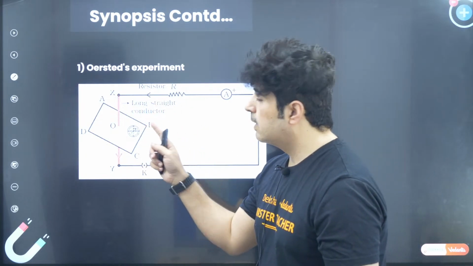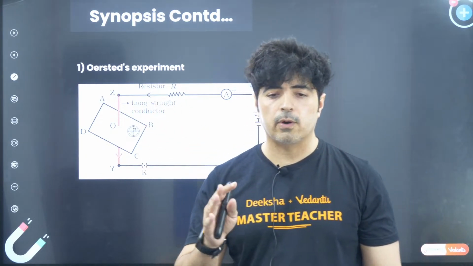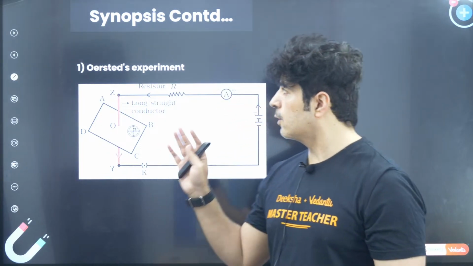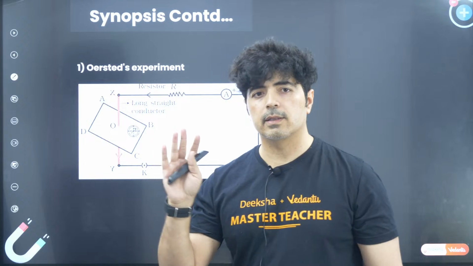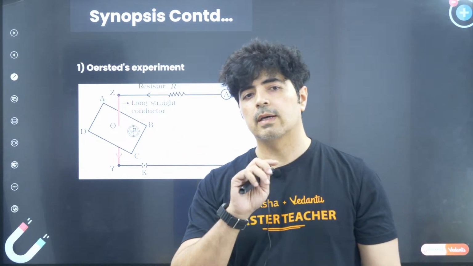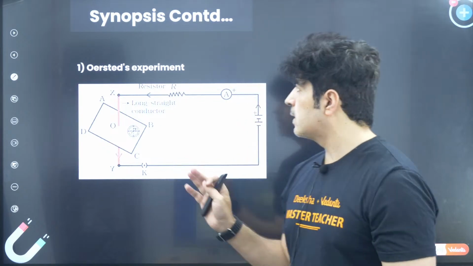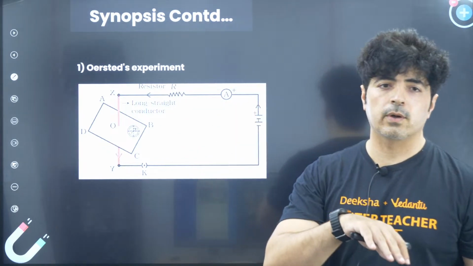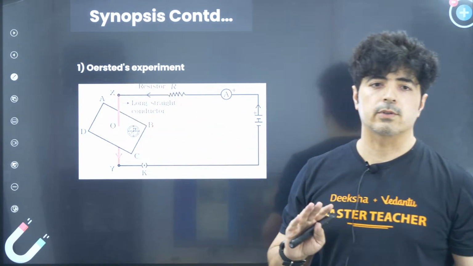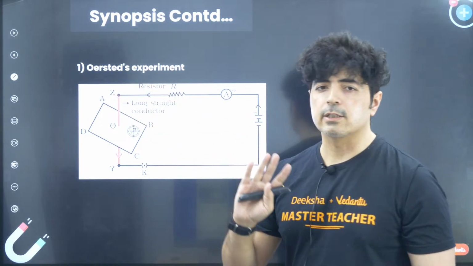Because of that, Oersted found out through this accident that moving current and magnetic effect, magnetism, had some kind of relation with each other. What was this relation? That was worked out later when many experiments were done, but this was the first person who came across this, and this is the experiment.